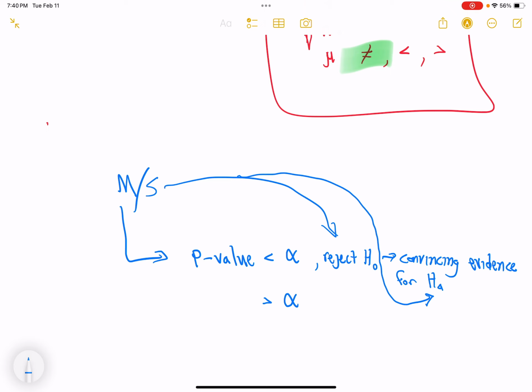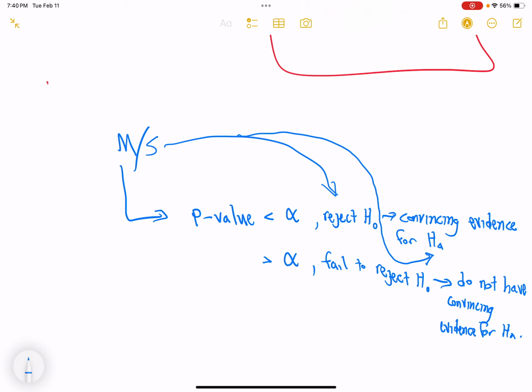If, however, the p-value is greater than the alpha, we fail to reject the null, and we do not have convincing evidence for the alternate. Okay? And all of this, of course, is on slide 20 once again. So be aware of all of that.